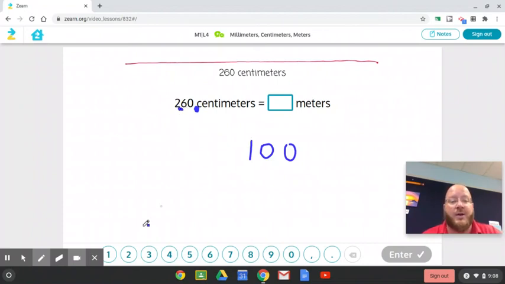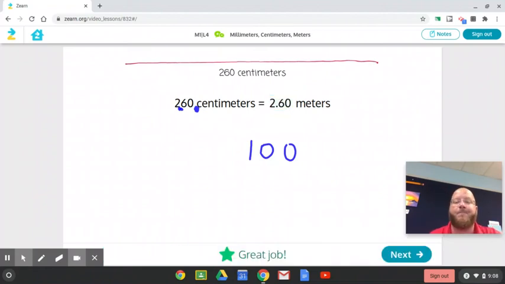So 260 centimeters divided into groups of 100, I'd have 2 full meters and then 0.6 left over, okay? So 2.6. You may put 2.60. You could do that too. Doesn't matter. 2.6 also would have worked.